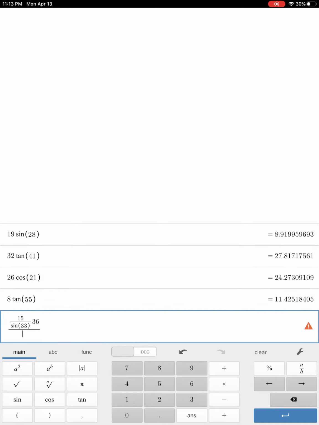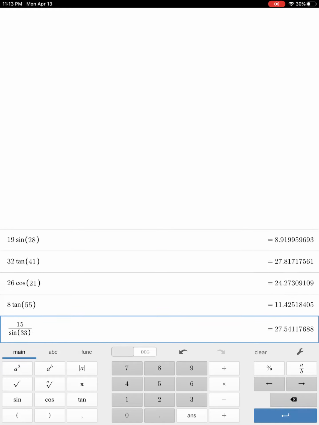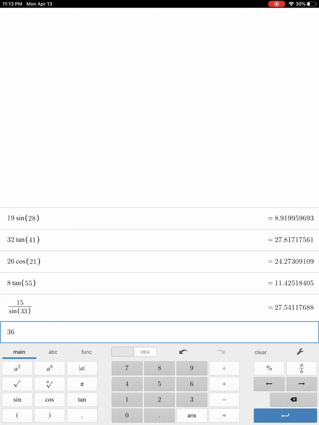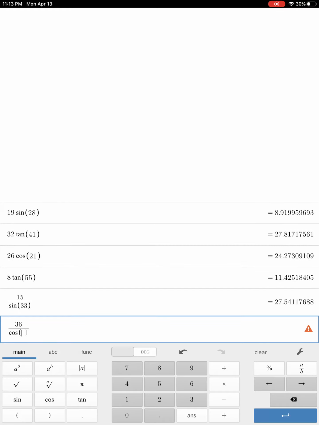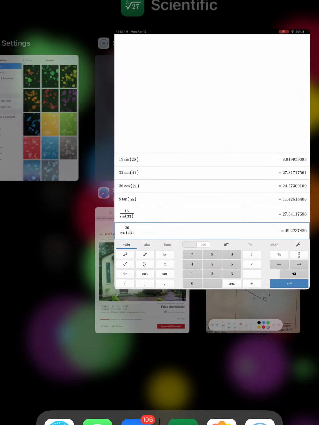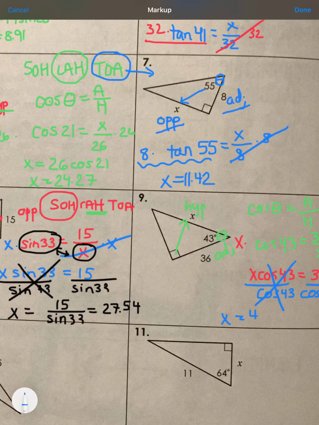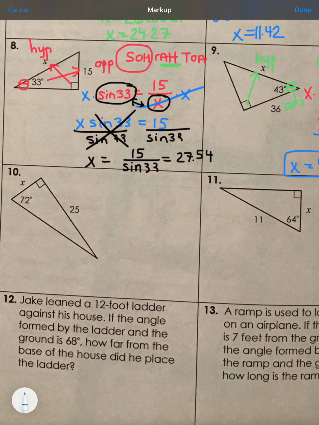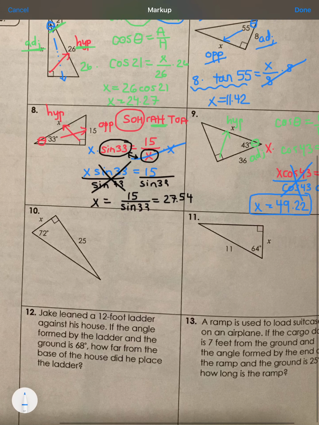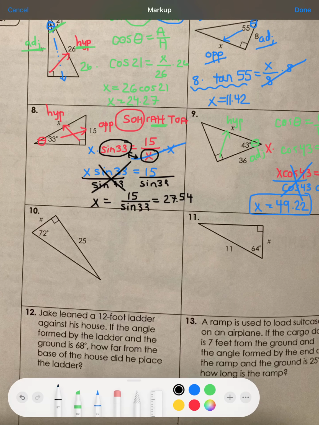So in the calculator, you're going to put 36 divided by cosine of 43, I think it was 43, and we get 49.22.